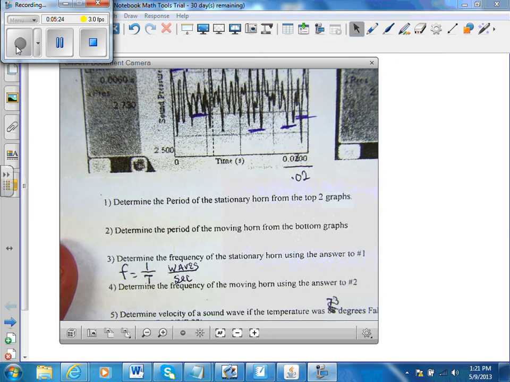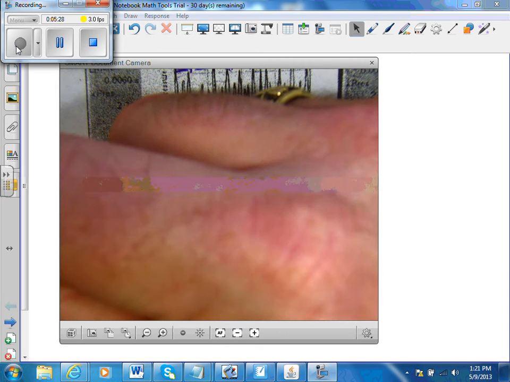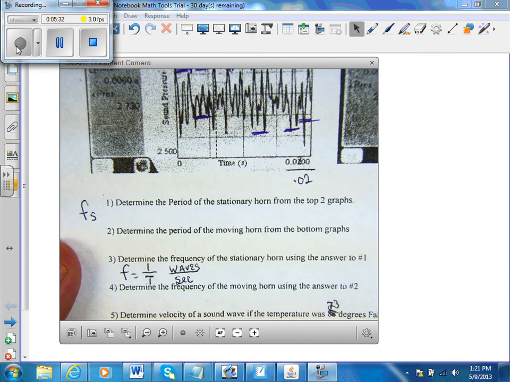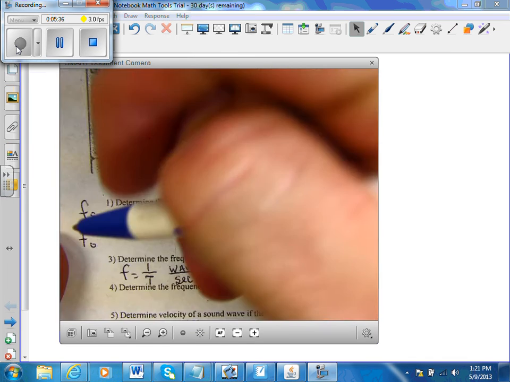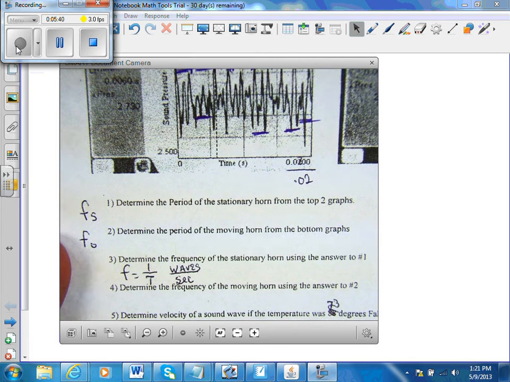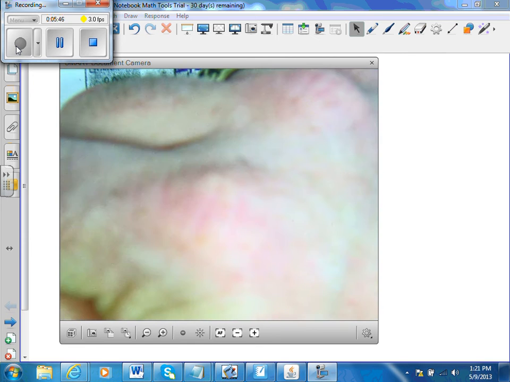On number one, you have the frequency of the horn when it was stationary, so I'm going to call that f sub s. On number two, you have the moving car, so that's the frequency that you actually observed. I'm putting frequencies up here, but these are periods, my fault. So this is the period of the stationary source, and this is the period of the observed.